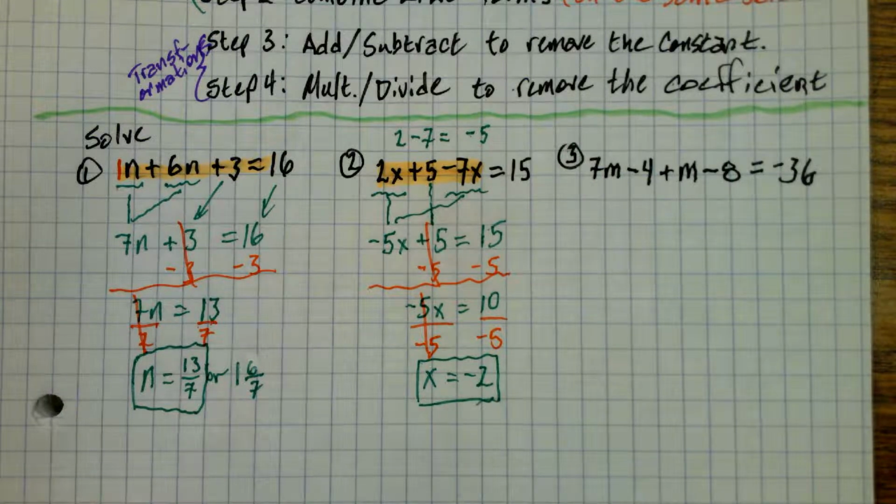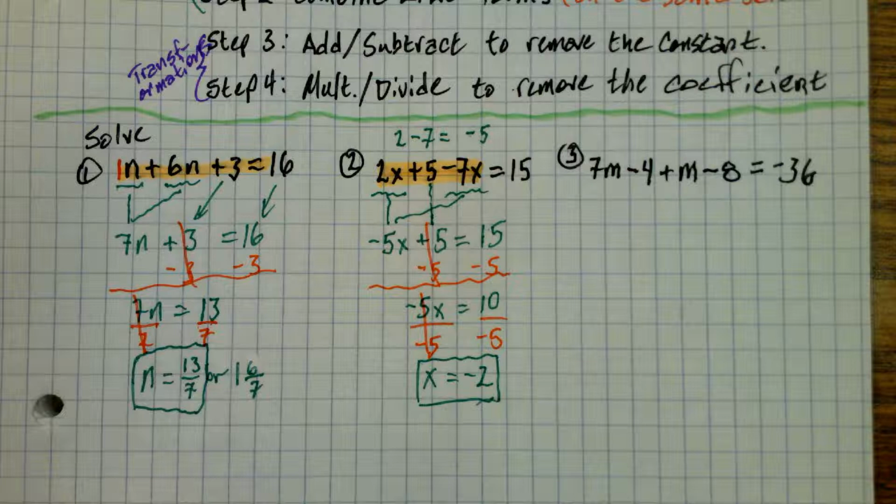Okay. So I'm relying that you're quicker at this now, at identifying what goes together. So can I combine 7m with anything? Well, how can I combine m with 8?